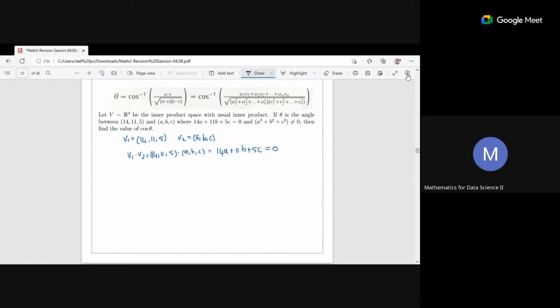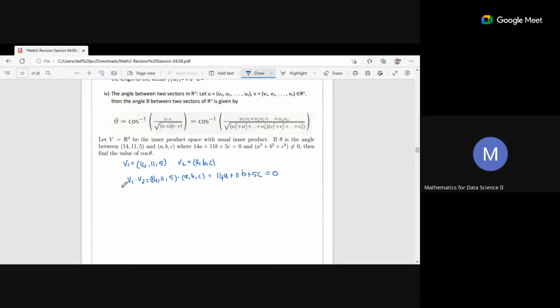Now what is the formula for cos theta from the above formula? Cos theta is equal to v1 dot v2 by square root of v1 dot v1 into square root of v2 dot v2. But what is v1 dot v2 given to be? 0. So if v1 dot v2 is 0, then cos theta is 0. But then why do you need this condition?